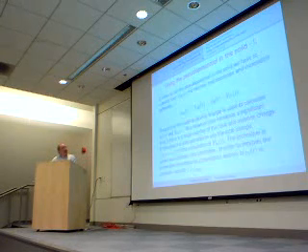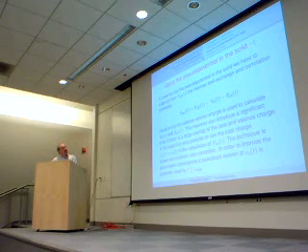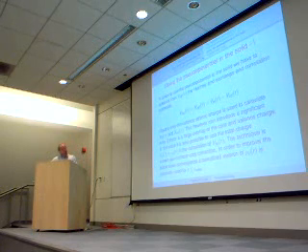Okay, so this procedure of subtracting the Hartree and the exchange and correlation part is usually called the screening of the pseudopotential.